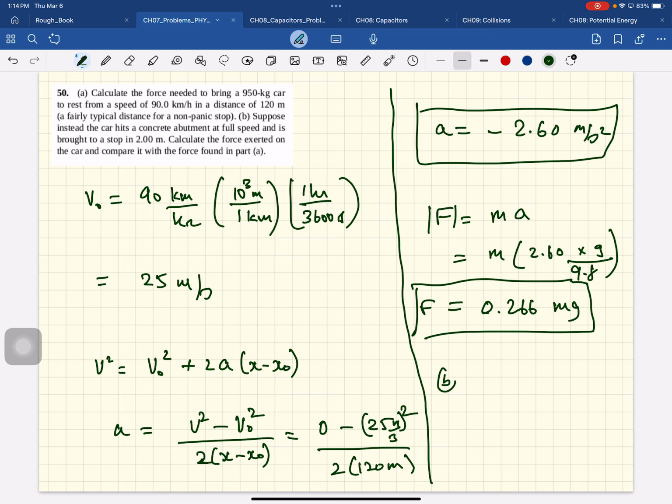All right, so the acceleration is v squared minus v naught squared over 2 times x minus x naught. And so 0 minus 25 squared over 2 times 2.